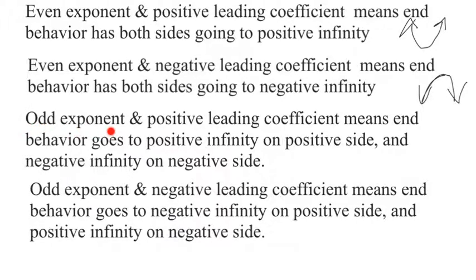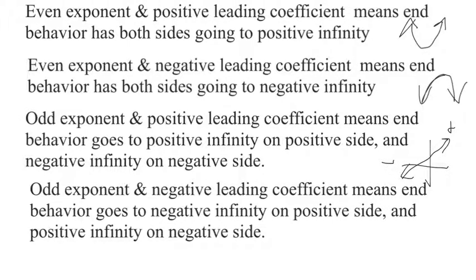When you have an odd exponent and a positive leading coefficient, it means the end behavior is going to be positive infinity on the positive side, and it's going to stretch to negative infinity or decrease on the negative side. If you go back to linear functions, when you had a positive slope like this, it would go to positive infinity on this side and negative infinity on this side.